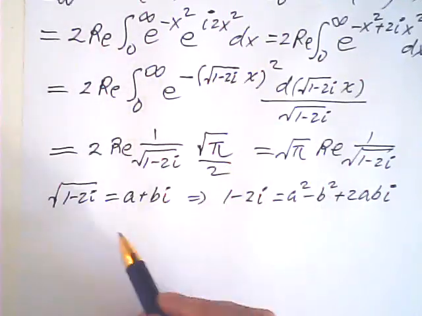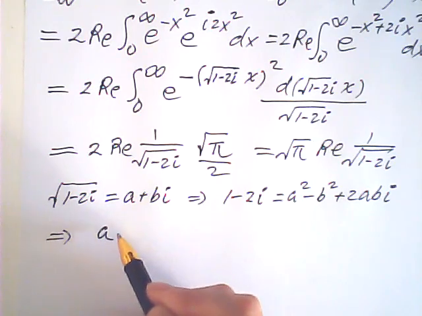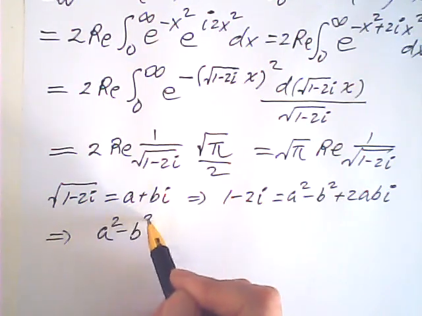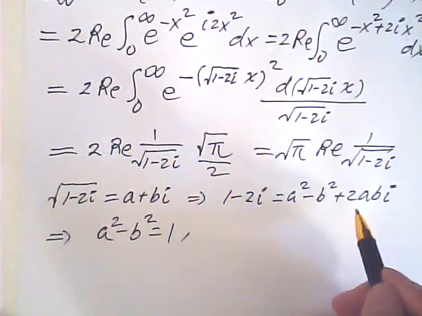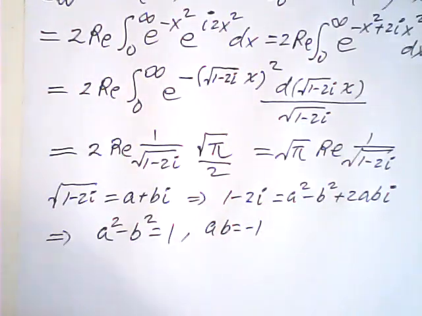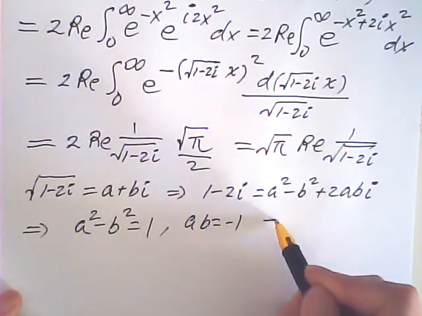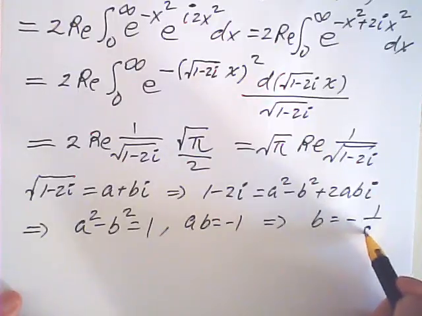And comparing both sides, I get a squared minus b squared equal to 1, right? That's the real part. And ab equal to negative 1. So from this I know that b is equal to negative 1 over a.